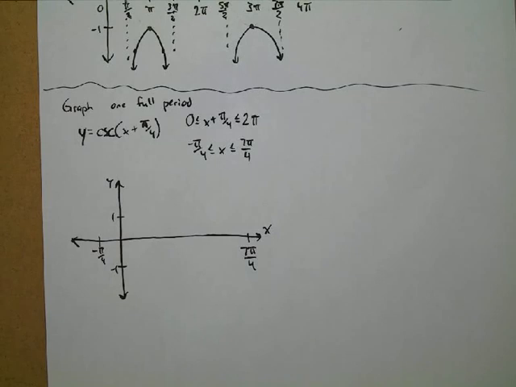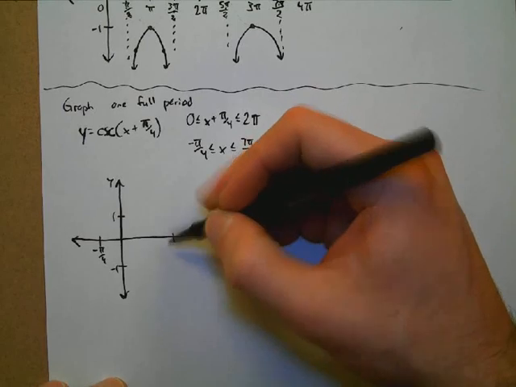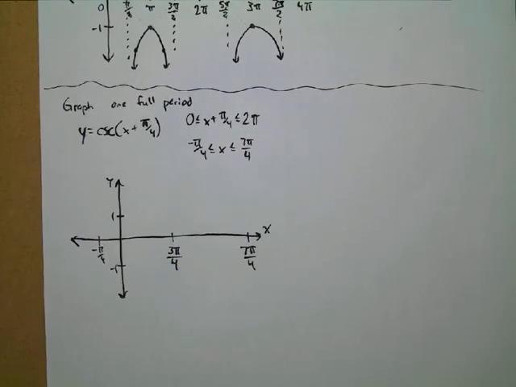Divide that by 2. 3 pi over 2 divided by 2 is 3 pi over 4. Okay, so that's the midpoint there. Multiply by 1/2.